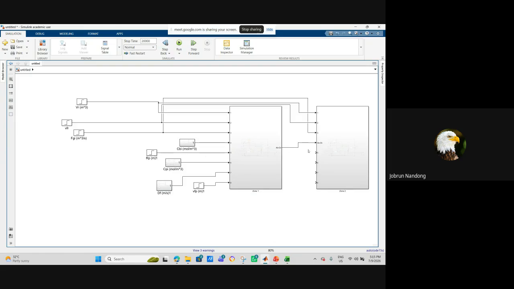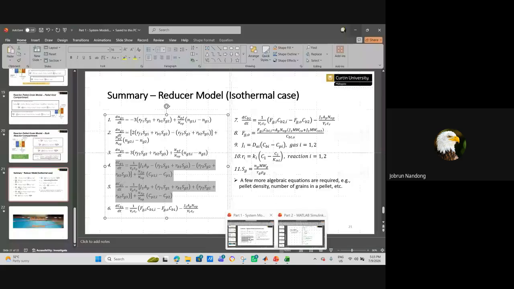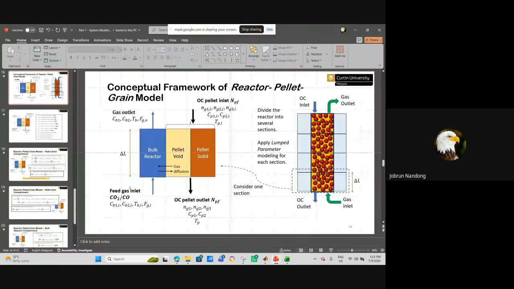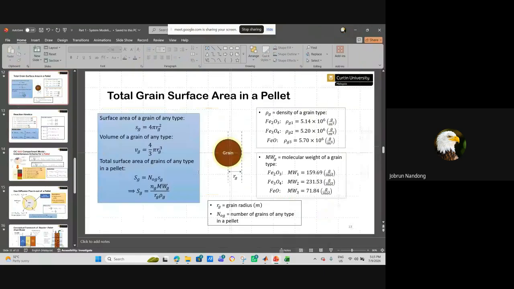RP again is common, so that one can go straight to that. CPI. Okay, CPI. This one cannot be the inlet, because it is actually from the other side, as they are countercurrent, right? If you look at this model, this is a countercurrent model. Okay, I'll just go back to that one.